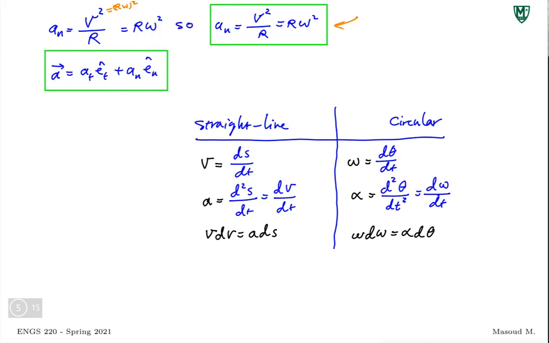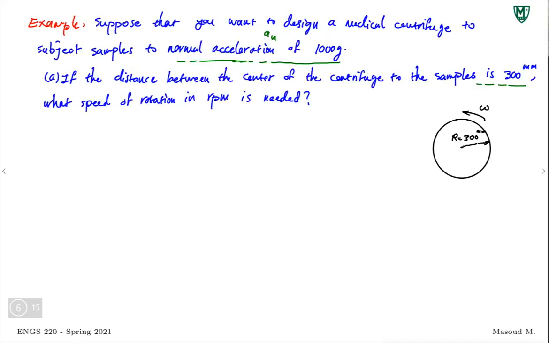You can find omega. So here, AN is given as 1000 G. R is given as 300 millimeters, which, let's change everything to SI, is 0.3 meters.